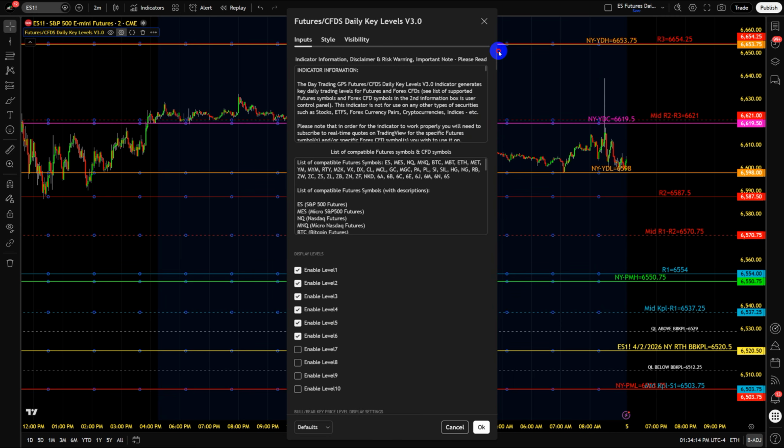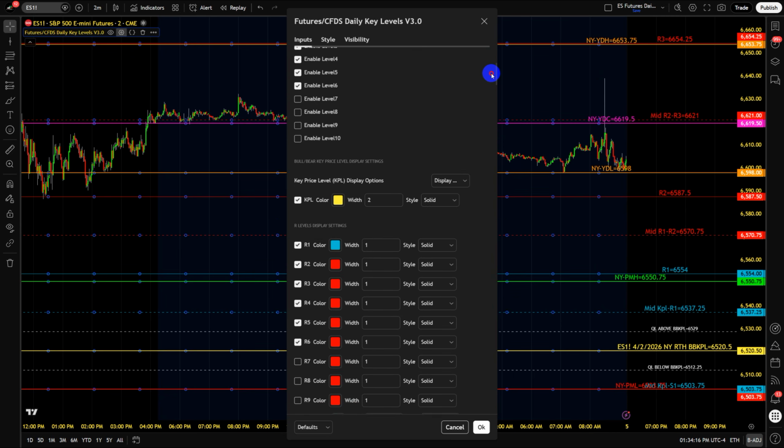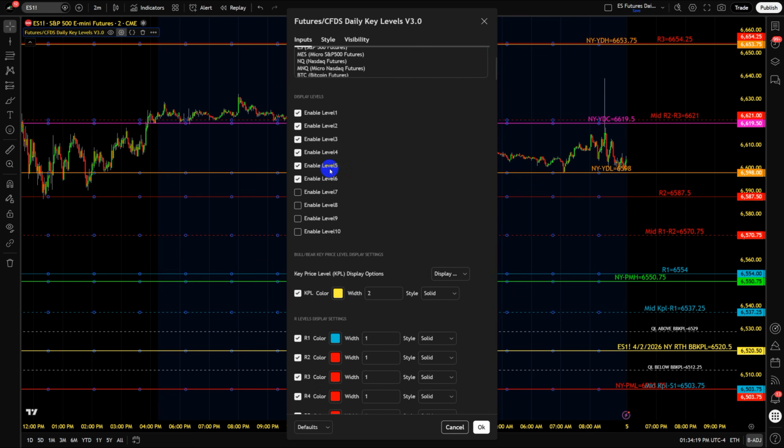First thing we're going to do is, you have to first decide how many levels you want to look at. Do you want to look at all 6 levels? Or do you want to look at more levels or a lesser amount of levels? For right now, we already went through how to turn on and turn off the levels depending on how many you want to see.